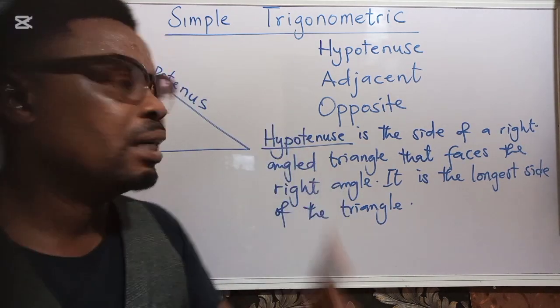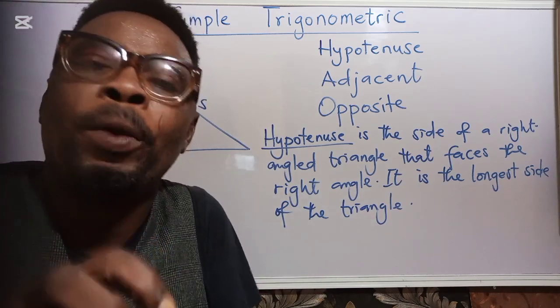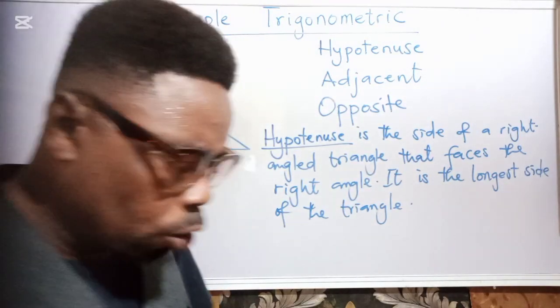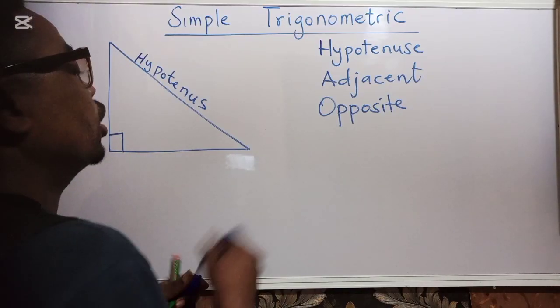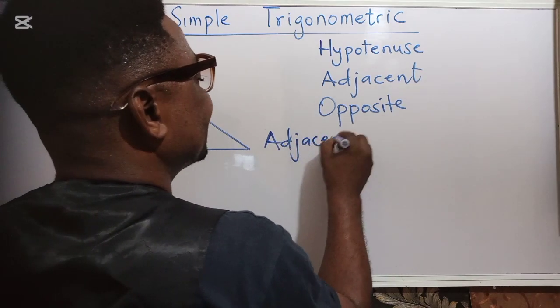Based on the angle under consideration, based on the angle we are interested in, the angle in view. Now, when we are defining the adjacent, you see what I'm talking about. What is adjacent?